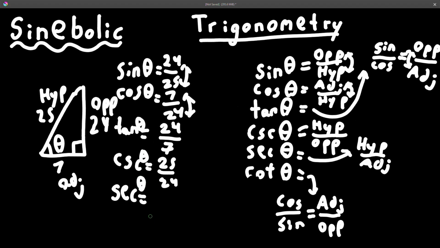Secant is the flipped version of cosine. Just put the thetas in here. You should always remember to include the theta when doing it. Do not make this mistake that I made, because it can't just be the tangent for nothing.